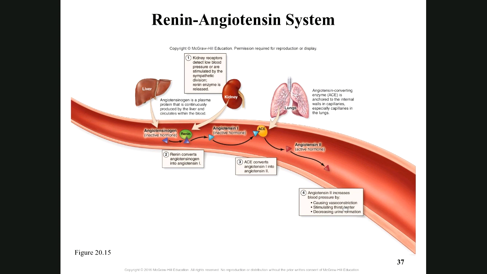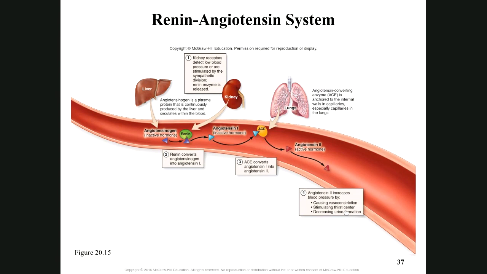The other effect of angiotensin 2 is working on the thirst center in our hypothalamus. Our hypothalamus detects that we are thirsty, we drink water, and by drinking water, the volume of our blood increases and our blood pressure goes up.